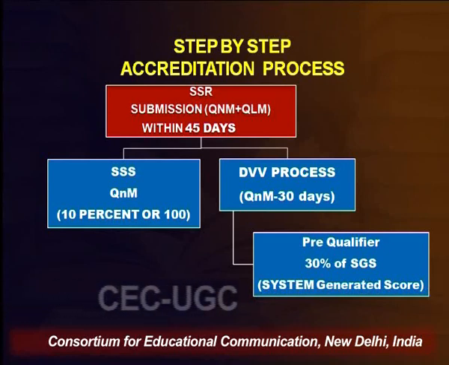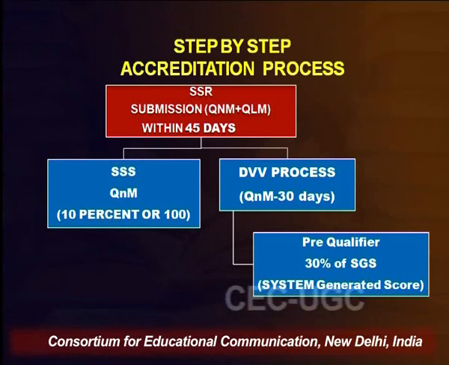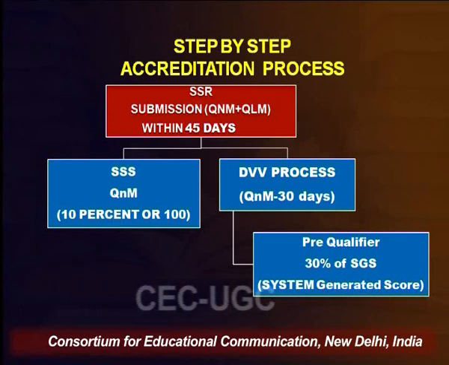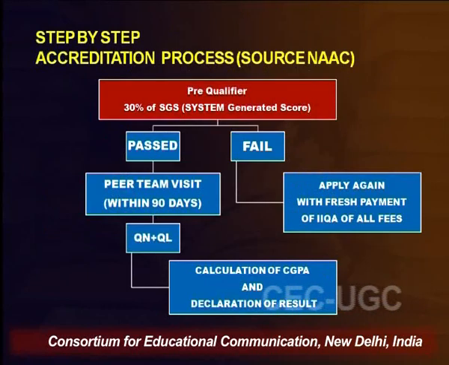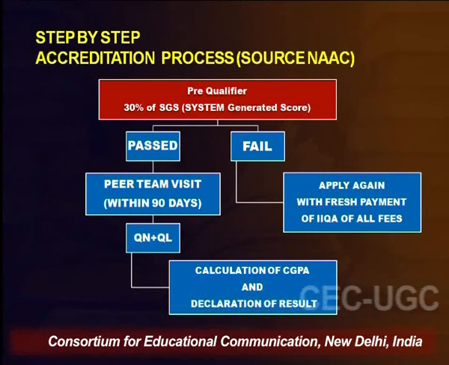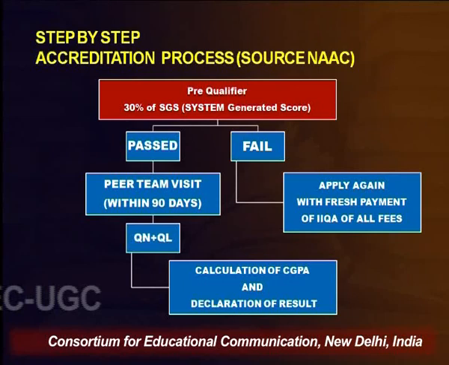There is a pre-qualification that you need to have at least 30% of the system generated score. If you have a system generated score of 30%, only then you are eligible for the peer team visit and the further process of accreditation. Now moving forward, if you get 30% of the SGS, system generated score, either you are passed or you are failed.